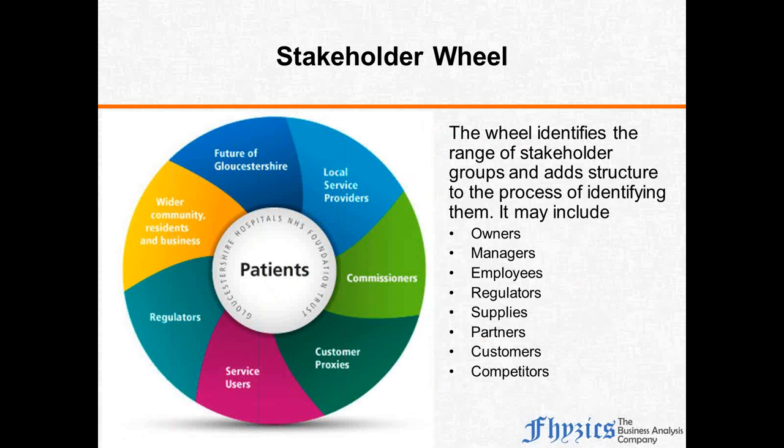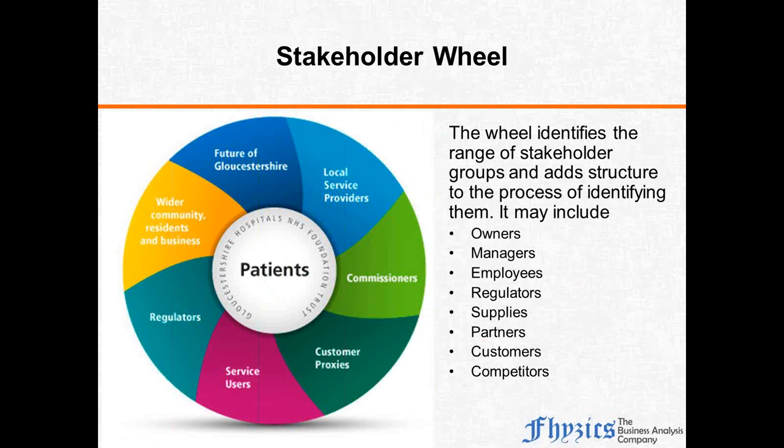So when we go through the stakeholder wheel, we can think about who are all the owners I have to include as stakeholders, who are all the managers, who are all the employees, regulators. We can ask these questions. And here I have given an example from the National Health Service UK.